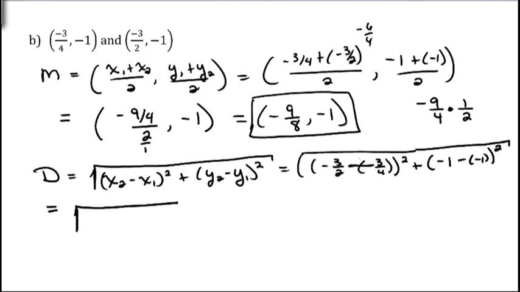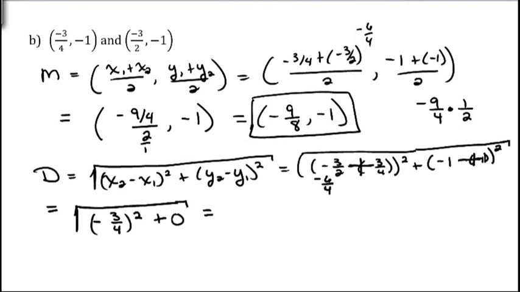So this becomes addition, and again we need a common denominator, and this negative 3/2 would become negative 6/4. So I have negative 6/4 plus 3/4, and that's negative 3/4, and we have to square it, plus negative 1 minus a negative 1 is negative 1 plus 1, and negative 1 plus 1 is 0, and 0 squared is 0.